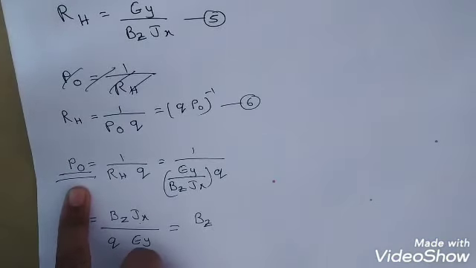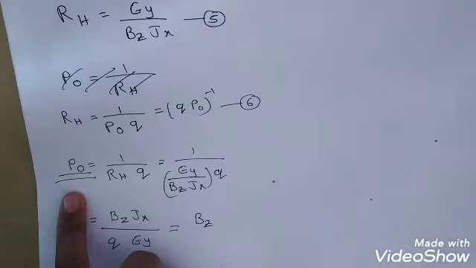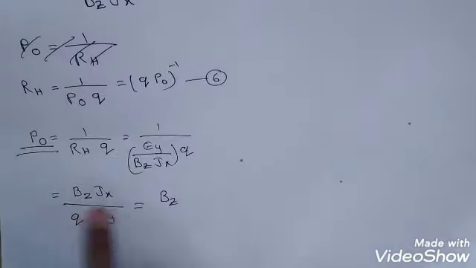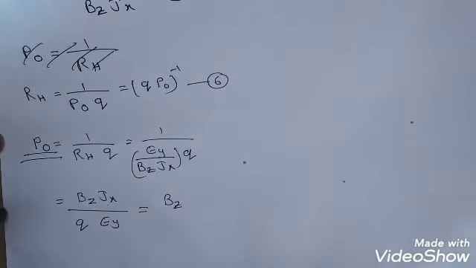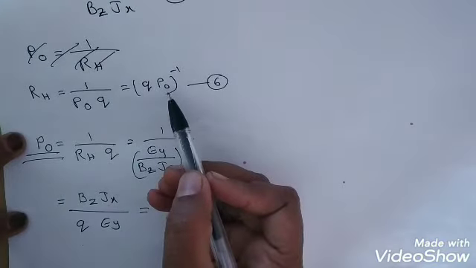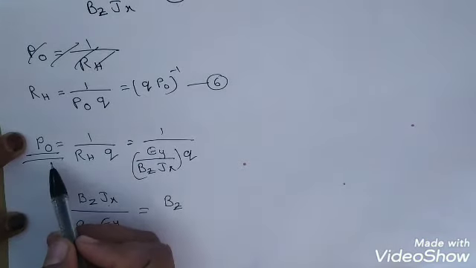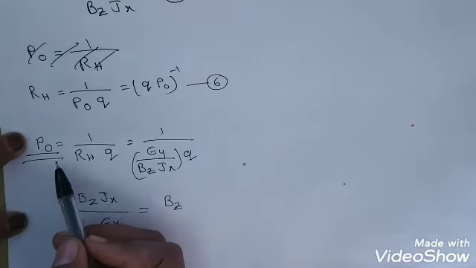Similarly, if you want to calculate the number of electrons present in a semiconductor material, then we need to modify the particular equation. So after rearranging equation number 6, we are getting P0, which is nothing but the holes present in a particular semiconductor material.